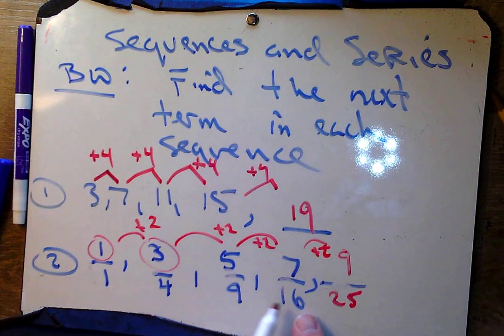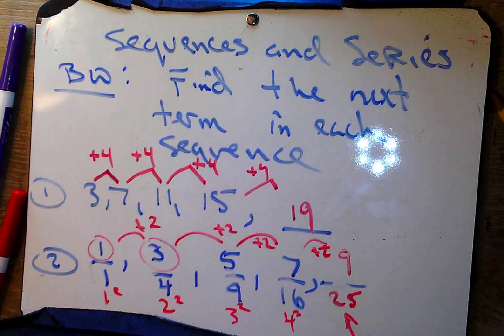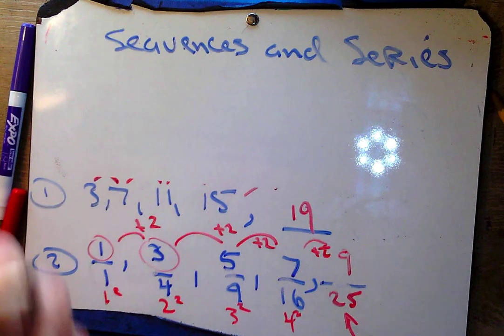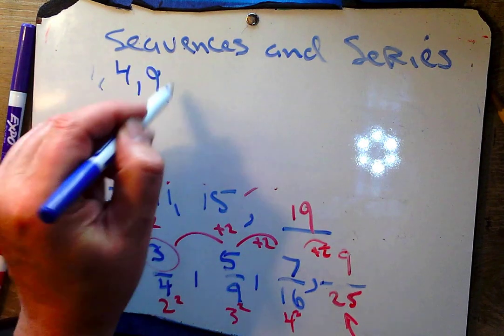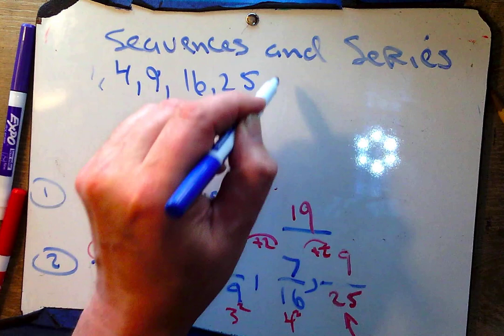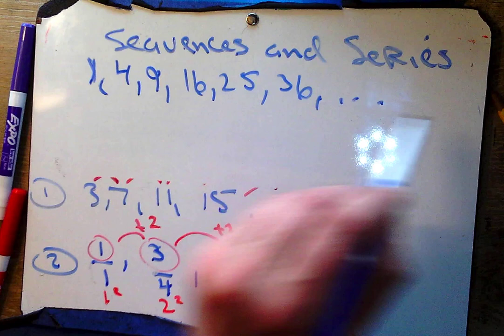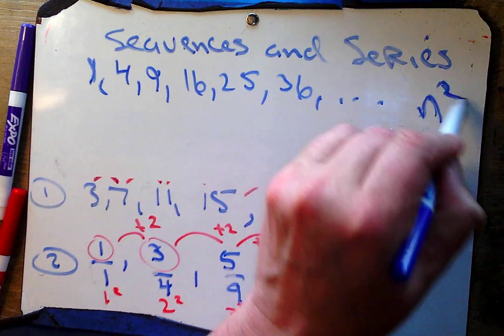Now, what about these bottom numbers? Well, this is 1 squared. This is 2 squared. This is 3 squared. This is 4 squared. And so I went with 5 squared. Now, I think there is an expectation with these problems that you recognize certain sequences, like 1, 4, 9, 16, 25, 36, and so on. Recognize these as coming from n squared, okay?